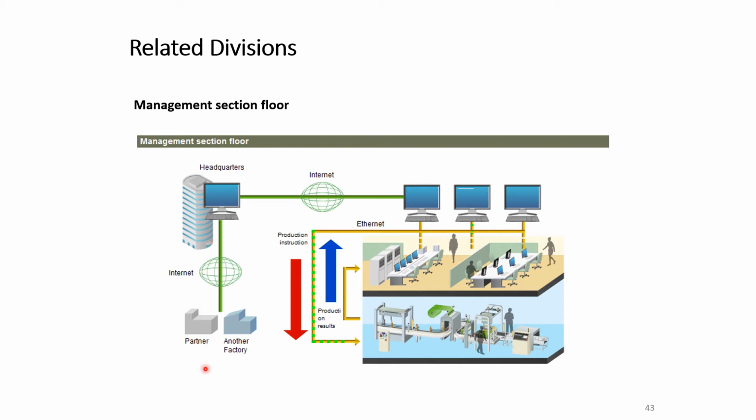So we send the instruction here, and what do we get back from the production floor? We get the production results back to the management floor. This floor is connected to another factory, to other partners, and to the headquarters.